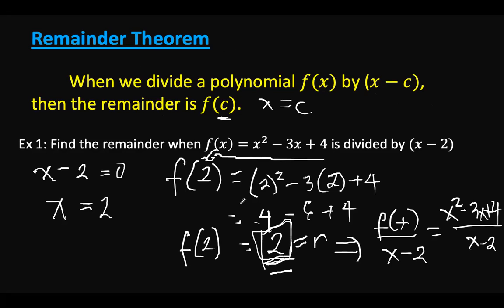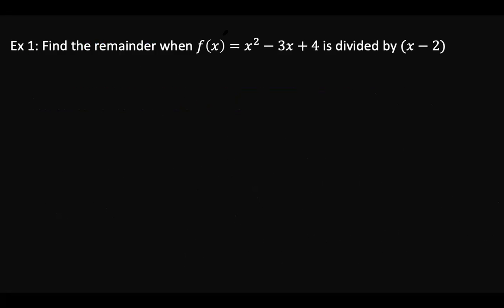Aside from substituting the value of x, paano pa natin makukuha yung remainder nito? Aside from substituting 2 to all of the x's, we can divide the polynomial f of x by x minus 2. Ang mangyayari ay f of x over x minus 2, kukunin natin yung remainder niya.